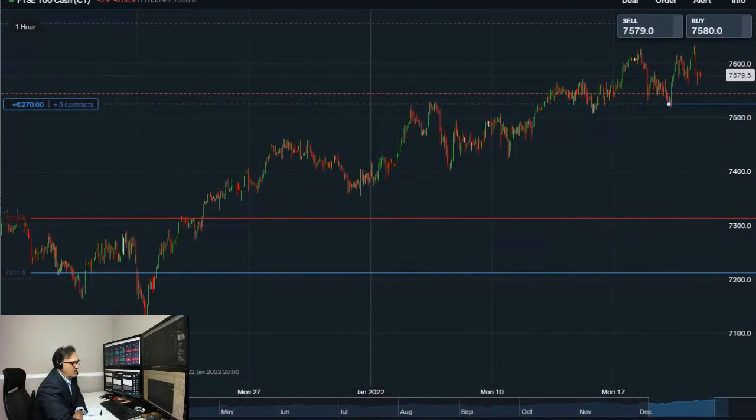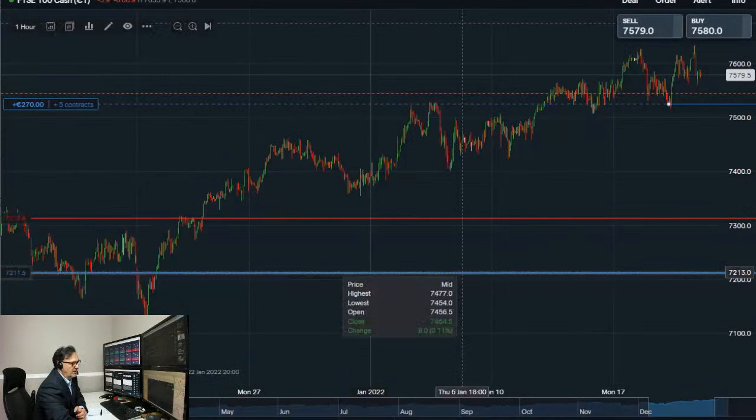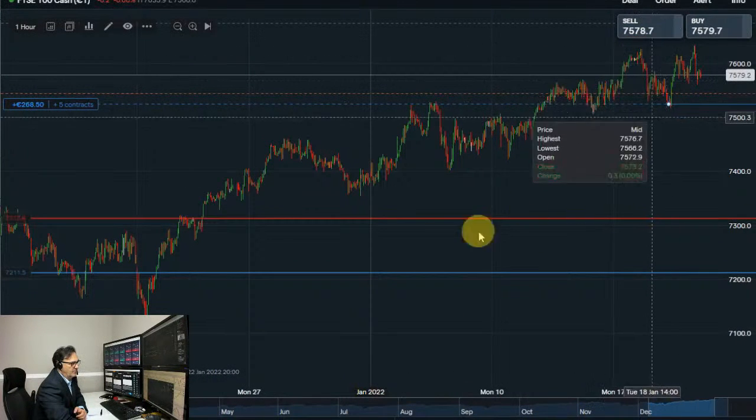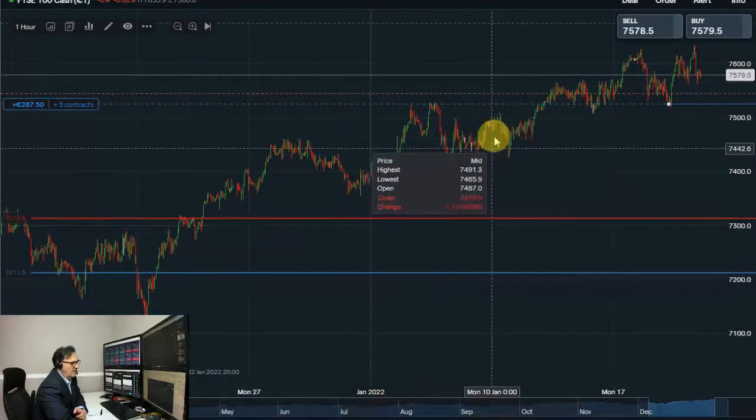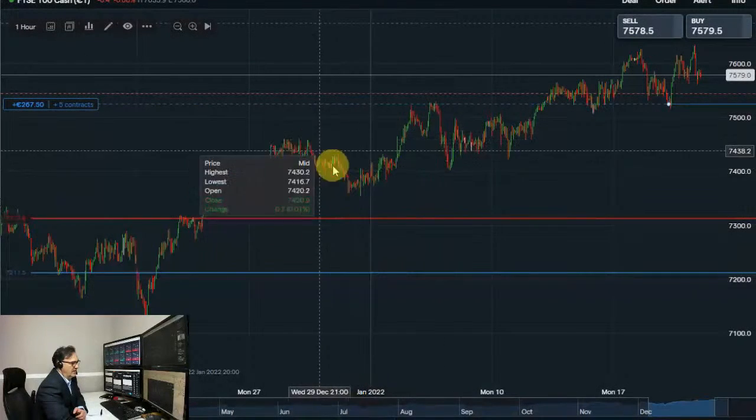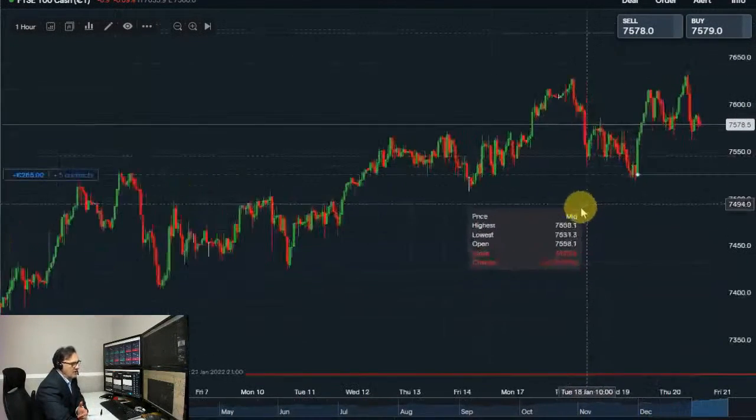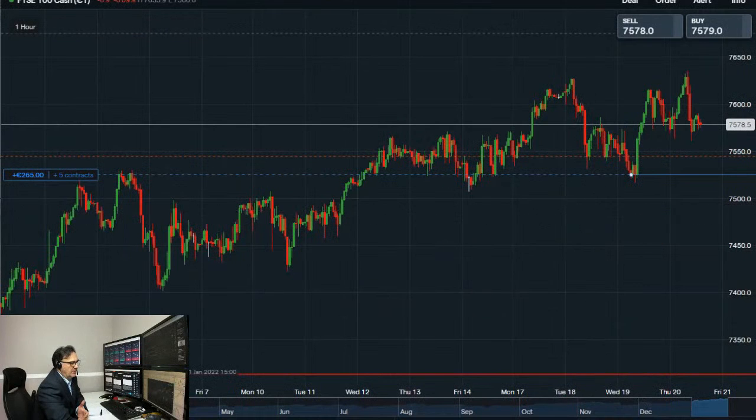From the trend point of view, this is a nicely uptrending market, and I saw this as a corrective pullback in the same way as we had one here, here, and here. So as long as this trend carries on, I'm happy to be looking to buy FTSE.